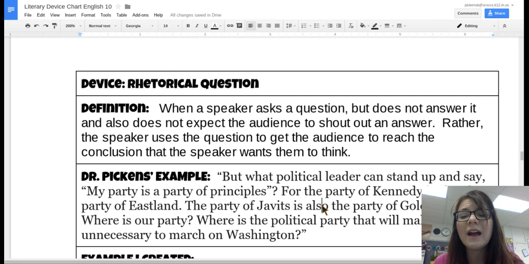And here he's making a lot of allusions to political leaders that we're probably less familiar with. Okay, so those are allusions. But then he asks some more rhetorical questions here. Where is our party? And he's saying, we don't have a political party that supports us. But instead of being that blunt, he's asking these rhetorical questions. Where is the political party that will make it unnecessary to march on Washington?